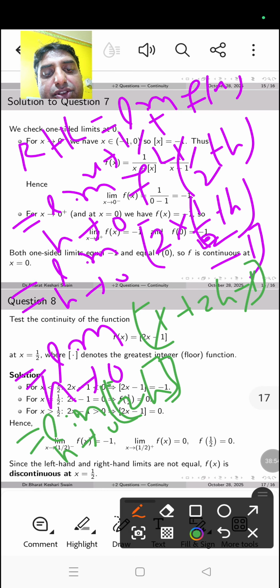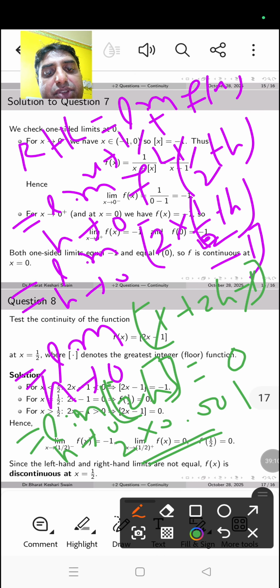If you multiply 0.001 with 2, it will be 0.002, and the greatest integer of 0.002 will be 0, because we know that the greatest integer is the greatest integer less than or equal to this number. So it will be 0. So the right hand limit is 0 and the left hand limit was minus 1.